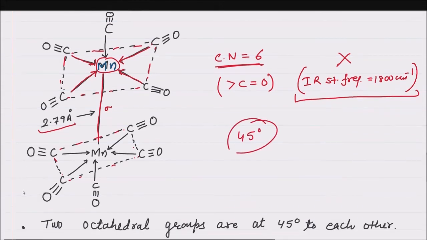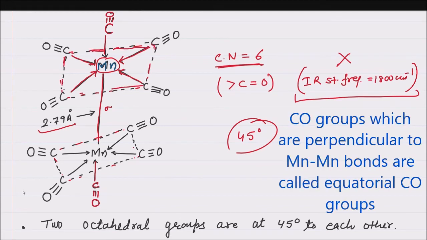Okay, and there are two types of carbonyl groups. One is coaxial with the manganese atoms. These are two coaxial, or we can say axial, carbonyl groups. And 4 on each manganese, these 4, are perpendicular to the manganese-manganese bond.